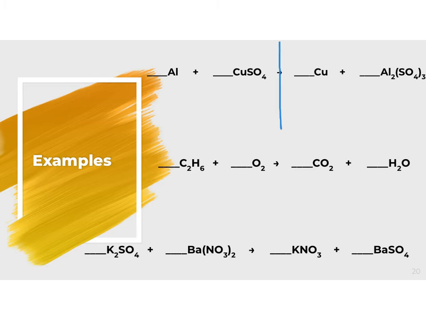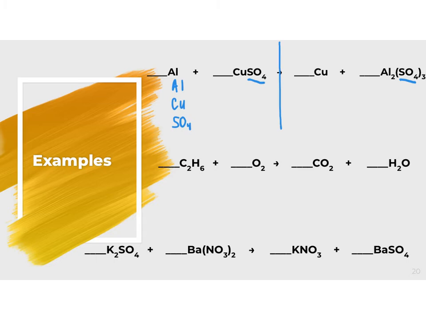So with this, I'm going to just list out the different parts of my reactants. So I have aluminum, I have copper, and then SO4, remember, is the sulfate ion. Since I have SO4 over here, I'm going to keep those together instead of separating out the sulfur and the oxygen, because it's going to be easier for me.